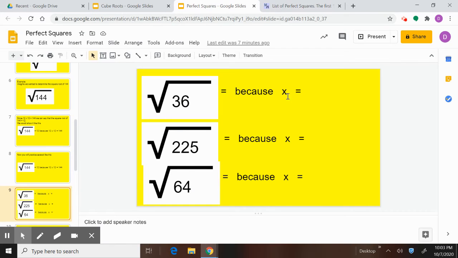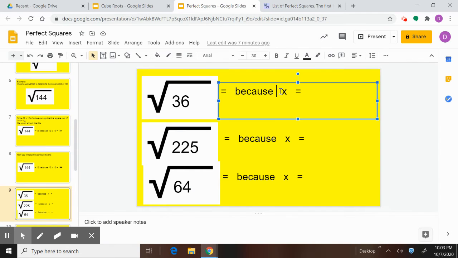You probably knew that already, but still, you would type in this spot, 6 times 6 equals 36, because there's a reasoning behind it. So square root of 36 equals 6 because 6 times 6 equals 36.